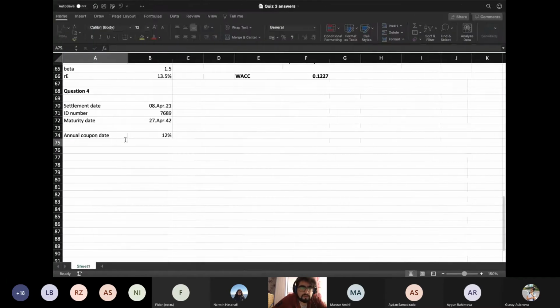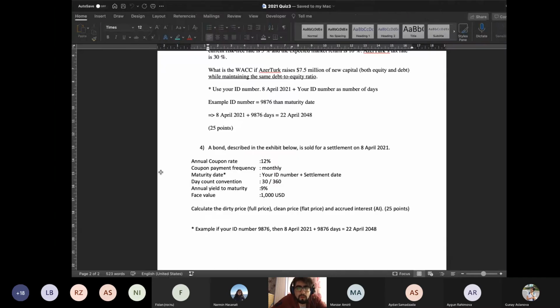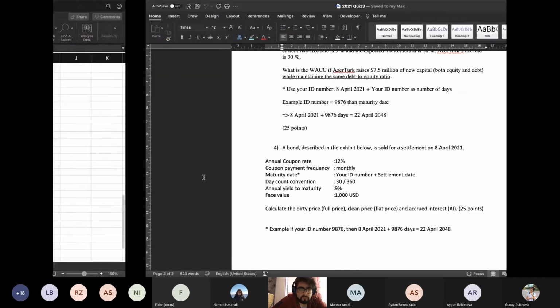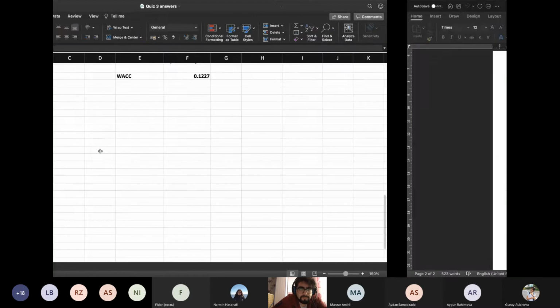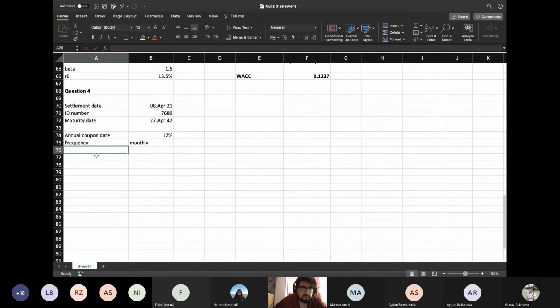Coupon payment frequency monthly. Maturity, we calculated maturity. Day count convention, 30 over 360, annual yield to maturity.